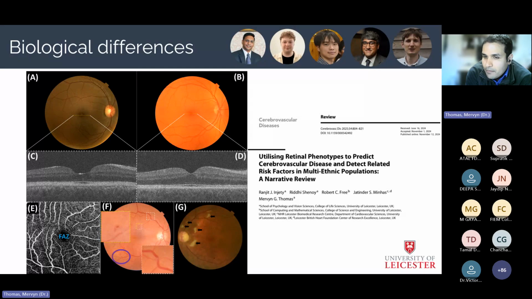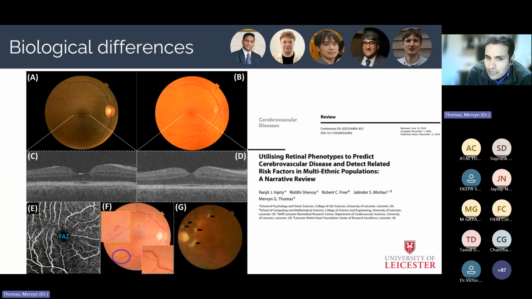of these biological differences. So these are retinal scans from 2 different individuals as well as fundus photos. The image on the left, A, is an individual who's heavily pigmented. The image on the right, image B, is an individual that is lightly pigmented.